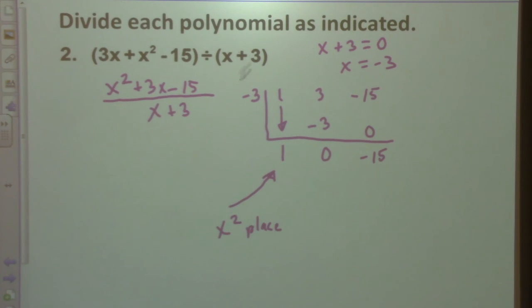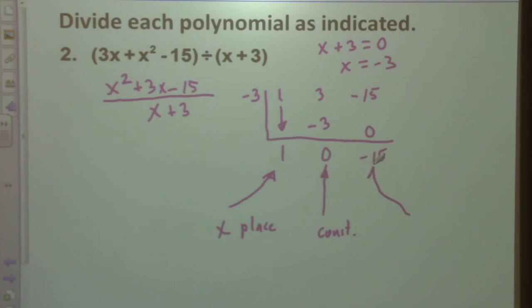So I actually lied to you. That is not the x squared place, that's the x place. That looks better now. And this will be the numbers place, just the constant, we'll call it the constant place.